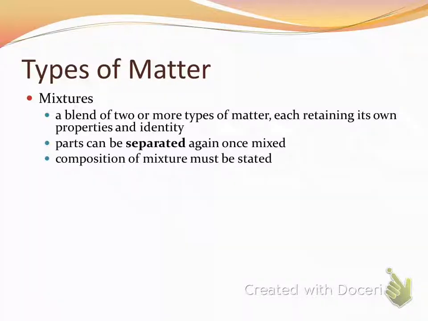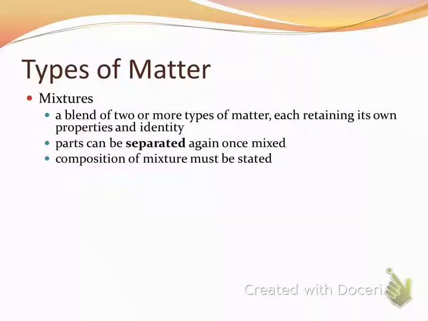Okay, last thing we need to know about a mixture is that its composition, or what's another word for composition? Yeah, what it's made of, right? Its makeup has to be identified. It has to be given to us. So in a chemical setting, mixtures have to be identified, what's in this thing? If it just looks like clear liquid, we don't know, is it water? Is it acid?